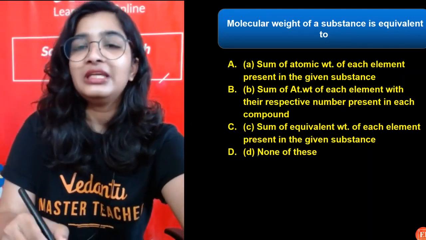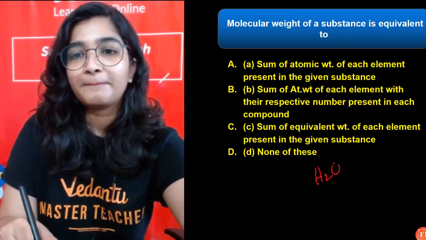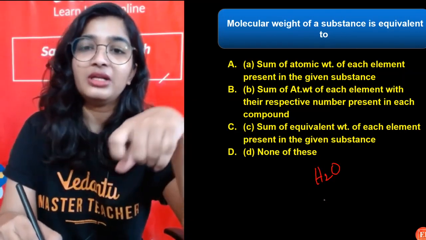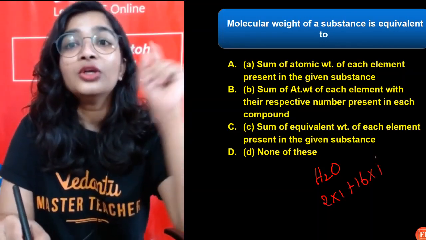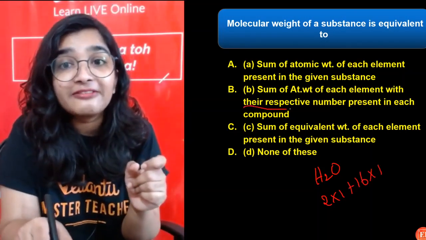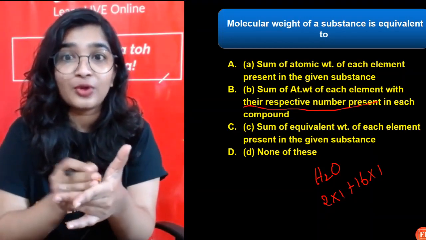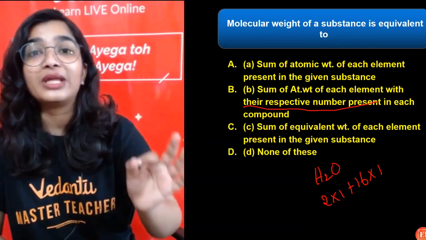See, whenever we calculate the molecular weight, how do we do it? For example, H2O. I have to consider the number of hydrogen atoms too, right? 2 into 1 plus 16 into 1. So obviously their respective number, how many atoms of each element are present in a molecule, is also very important.